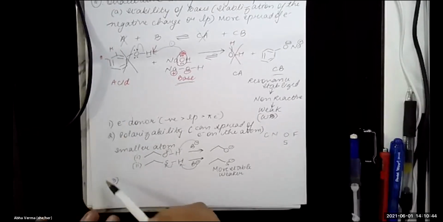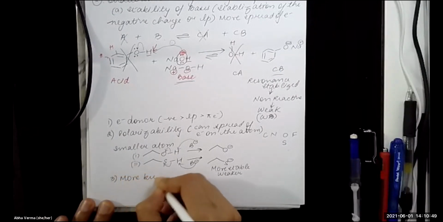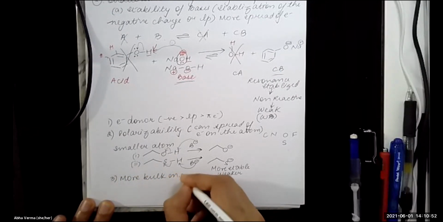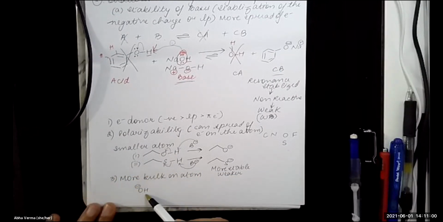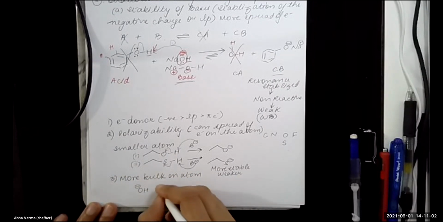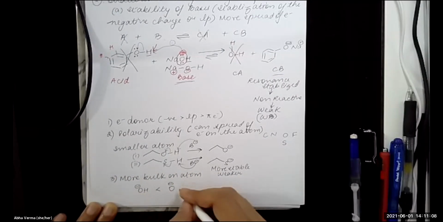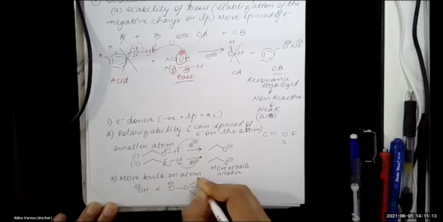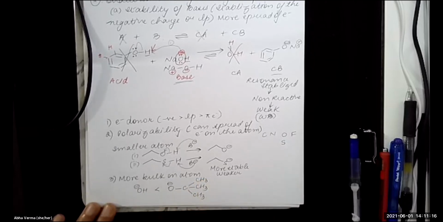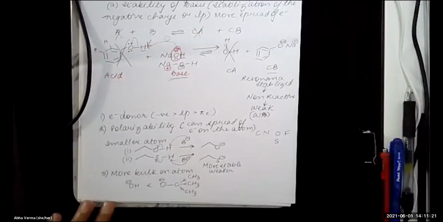And the third indication of a strong base is there is more bulk on the atom. What does that mean? So for example, if I have an OH, usually how do I get an OH? From sodium hydroxide and all that. And if I have the same oxygen, but instead of a hydrogen, I now have a bulky alkyl group on it. What is the alkyl group doing? The alkyl groups are having a plus I effect.